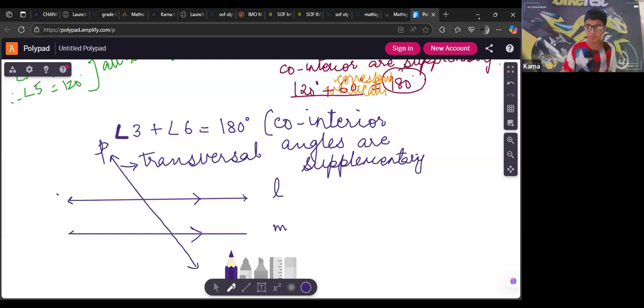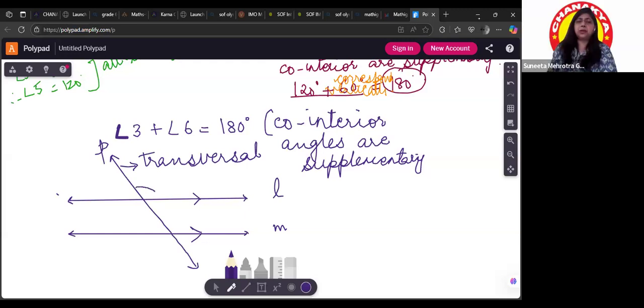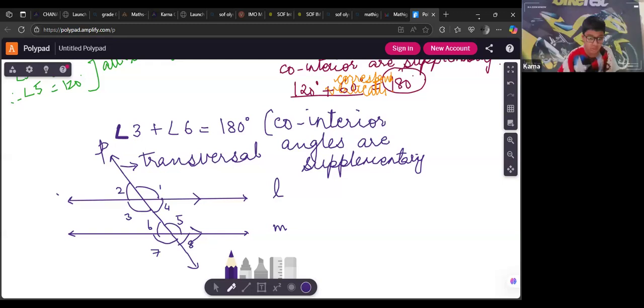So here, angle 1, angle 2, angle 3, angle 4, angle 5. Make it as I had made.